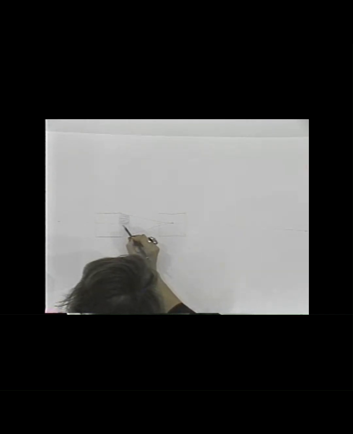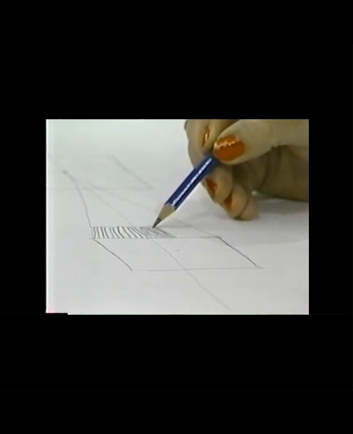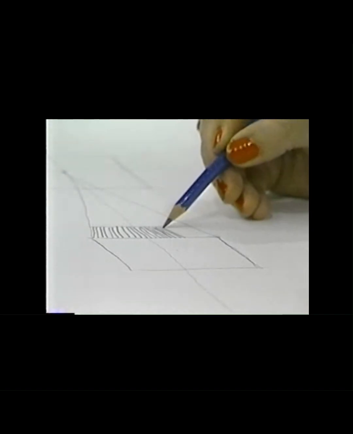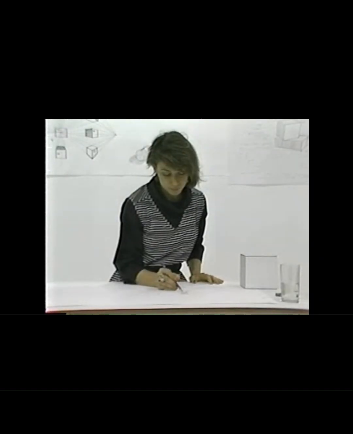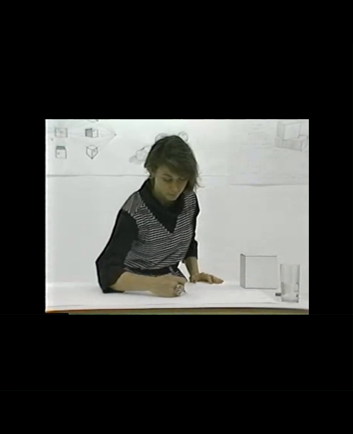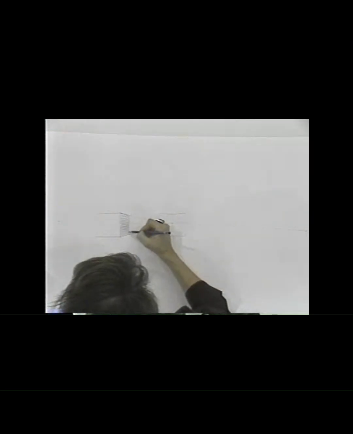When I draw little verticals, little parallel lines, these will be an accent on the direction. So we drew our cube with two sides.